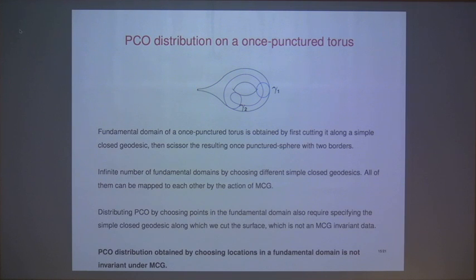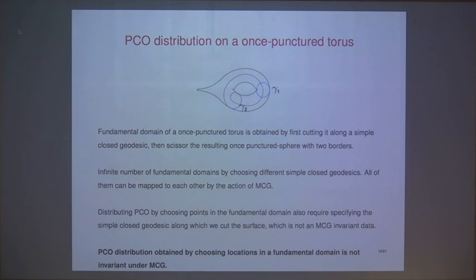Then cut that to obtain the fundamental domain. Since there are an infinite number of simple closed geodesics on a once punctured torus, I can obtain an infinite number of fundamental domains by choosing different simple closed geodesics. And all of these fundamental domains can be mapped to each other under the action of MCG.